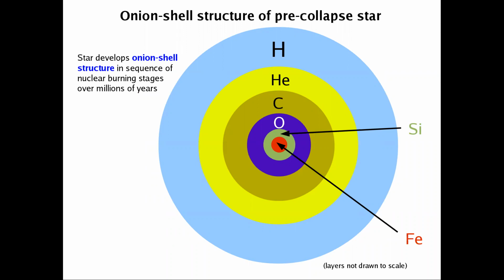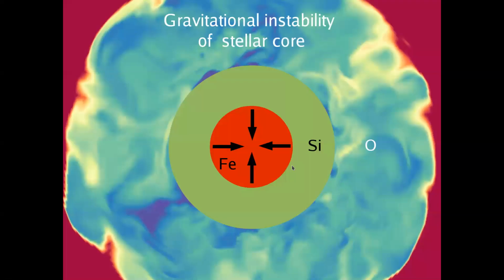And at the center, this iron core has been formed by this succession of nuclear burning phases. And this iron core is surrounded by shells of ashes from the previous burning stages. And we will, in the following slides, focus on this inner region marked by this red square. And I have zoomed it here on this slide.